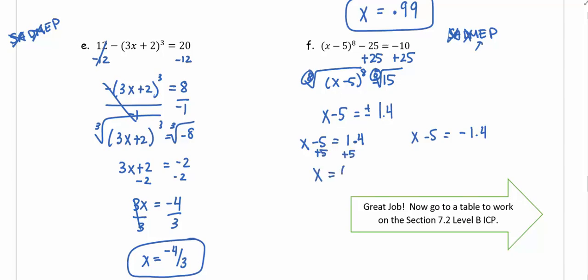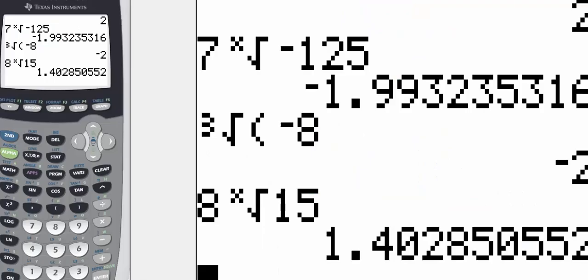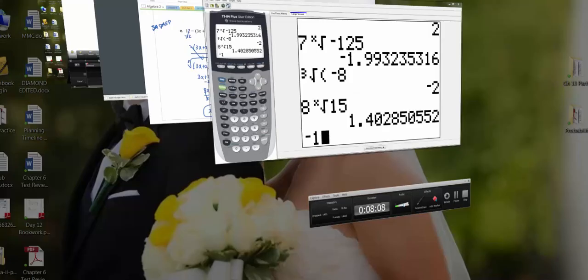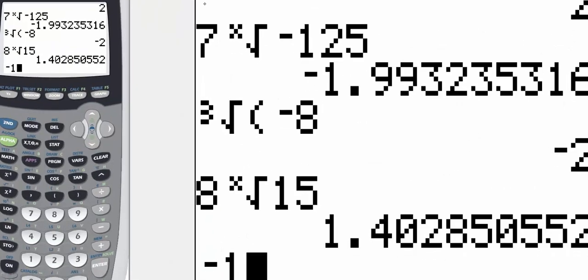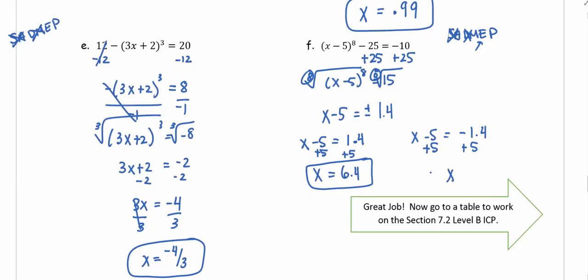So x equals 6.4, or, and don't feel like it's not okay to use your calculator, you could say negative 1.4 plus 5. There's no shame in using your calculator to get x equals 3.6. So this one you have two answers, and that happens sometimes. I hope you enjoyed the video, and now it's your turn to practice.